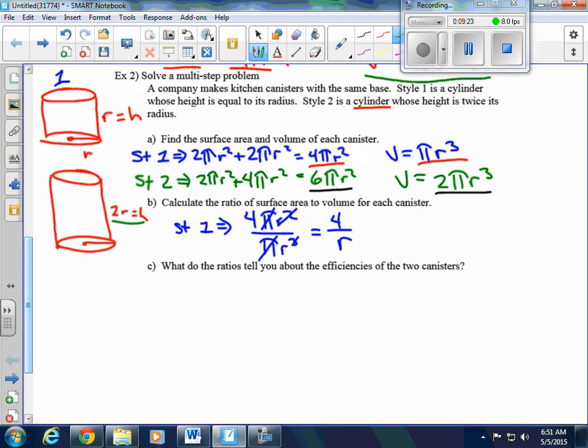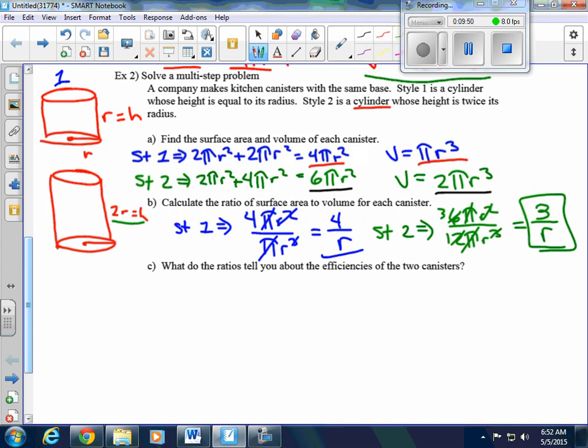Style 2, we're going to do the same thing. It's going to be 6 pi r squared over 2 pi r cubed. Again, we cancel out the things we can. Pi's are gone, the r squared's gone, so I'm left with an r. And then this is going to be 3 over 1, so it's going to be 3 over r.